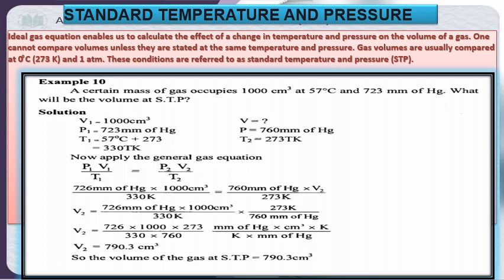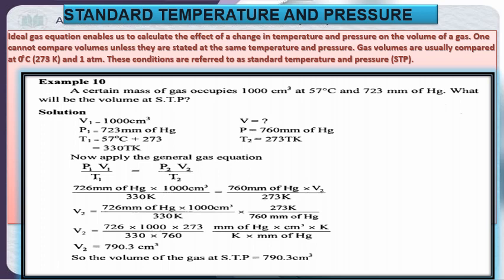Now you should know 1000 cm³ tells you the volume, 57 degrees centigrade tells you the temperature, and 723 mm of Hg tells you the pressure, right? He is asking what the volume will be at STP, meaning the second values of temperature and pressure will be taken from the standard terms.